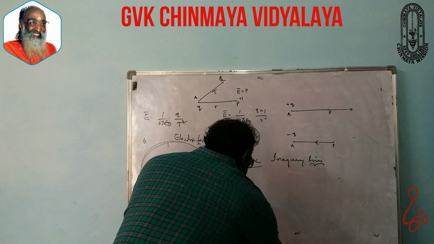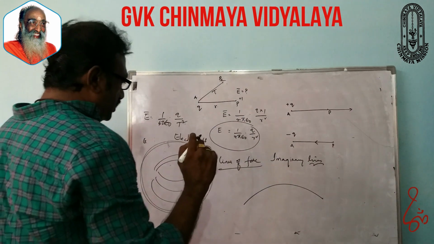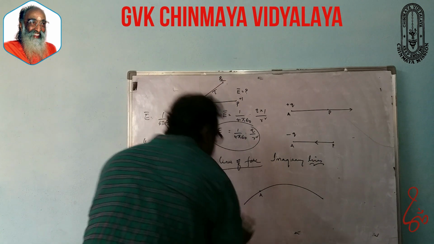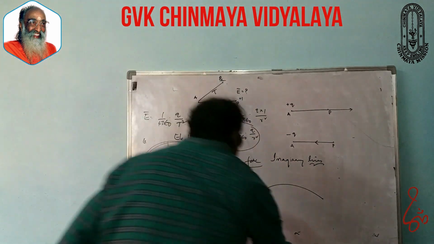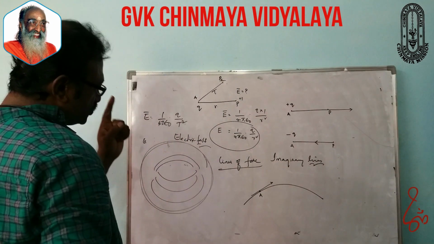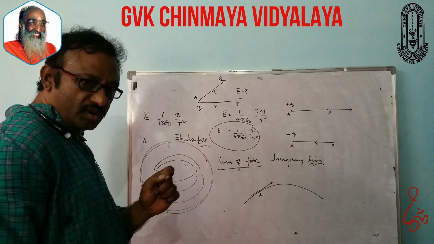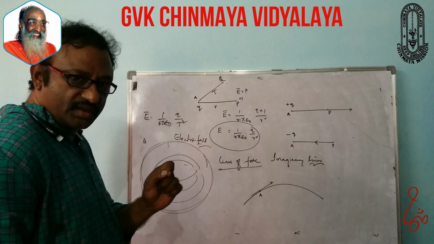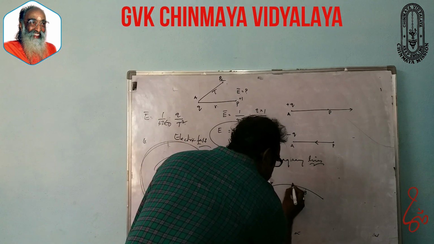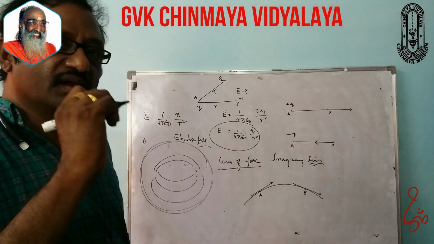If you are going to draw a curve, let us select a point on it as A. Now at this point, if you draw a tangent to the curve, that tangent should indicate the direction of the field at that particular point, the direction of the electric field intensity.